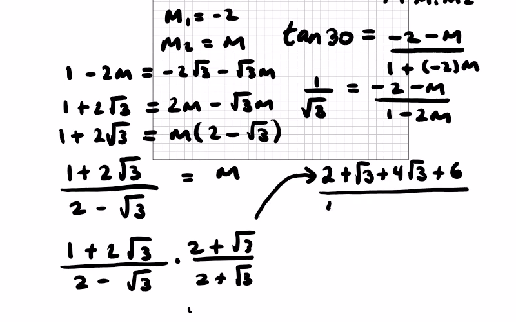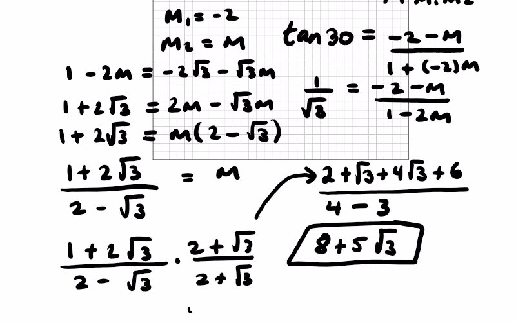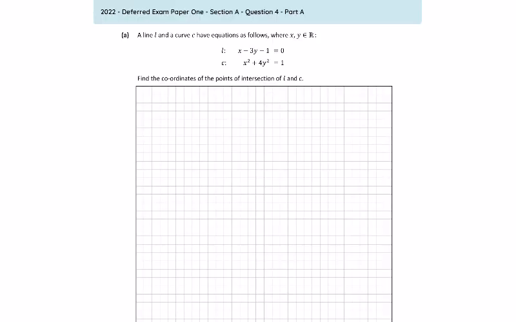On the bottom, I'm going to get 4 plus 2 root 3 minus 2 root 3 cancel, so I'm going to get 4 minus 3. So I'm going to get 8 plus 5 root 3. I hope that's the correct answer, and you got it before me on a calculator. So that's one possible answer for the slope of the other line.